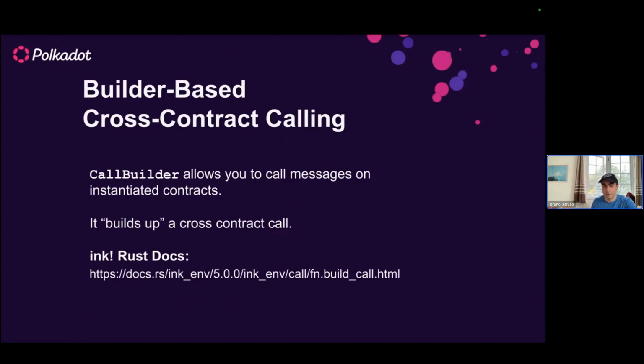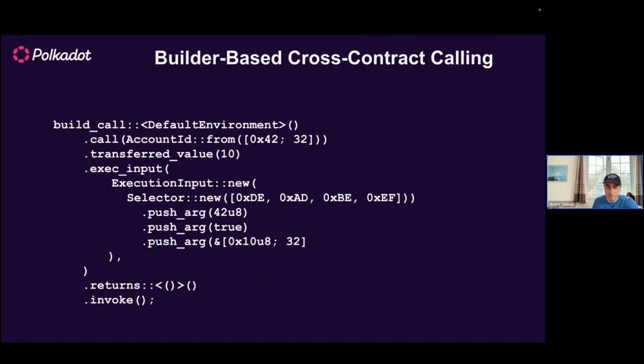Whereas the call builder will allow you to call messages on an already instantiated contract. And it's a builder, so same thing, you get to build up the call. You can see there's the code. But what's cool about this is that there's no reference there. So we don't need to include a reference as a dependency.